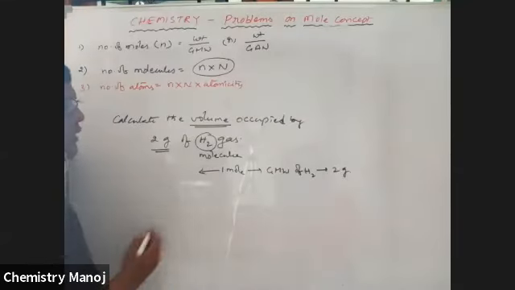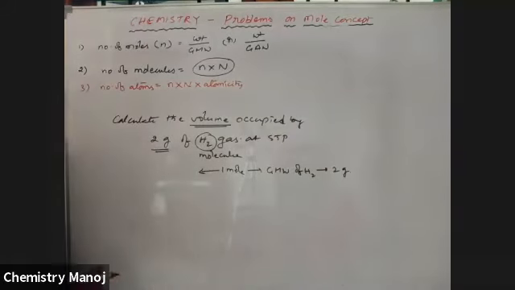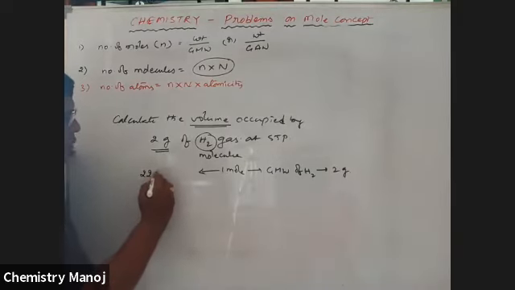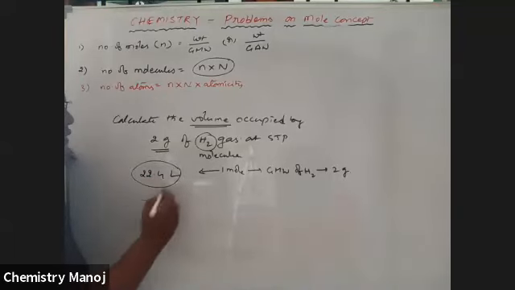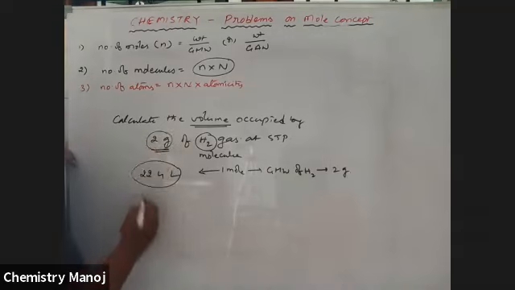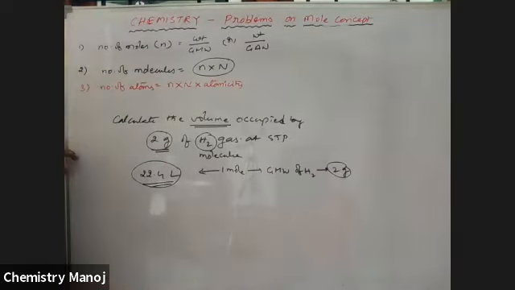Now, 1 mole of any gas at STP, mind the volume occupied by gas at STP, finally, 1 mole is equal to 22.4 liters. So 22.4 liters of H2 has 2 grams mass. So 2 grams mass occupies how many liters? 22.4 liters.